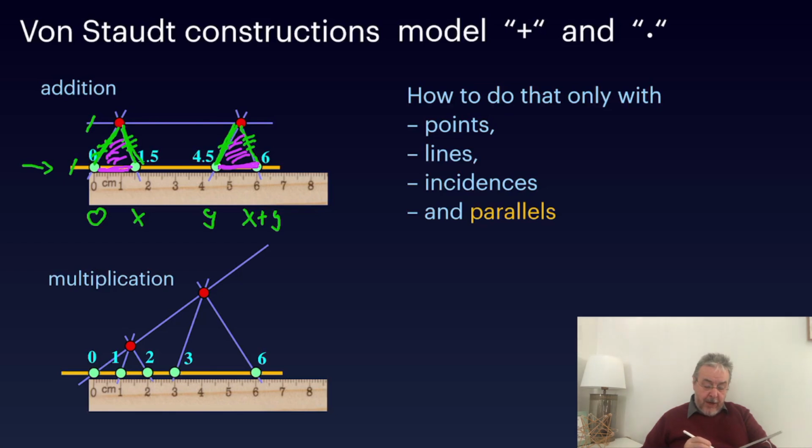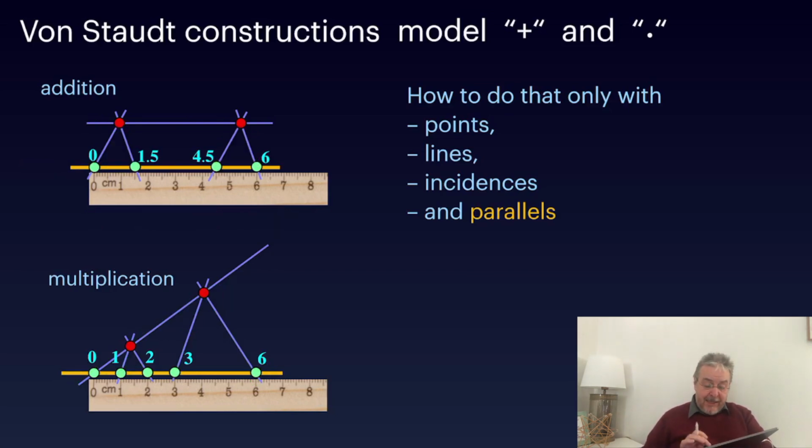So what you do here, you start with points 0, 1, then x and y, and you construct the point 6 by first saying, well, I have this line, take an auxiliary point, draw these two lines here, then I draw a parallel from here to here and a parallel from here to here, and I end up at a point which should be the product.